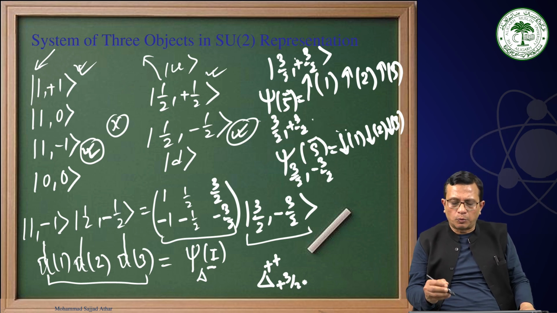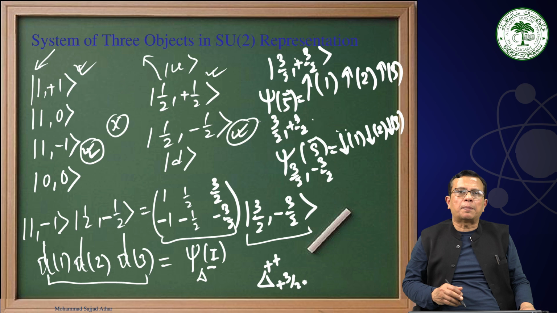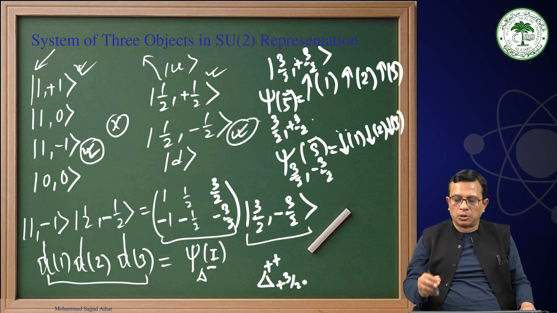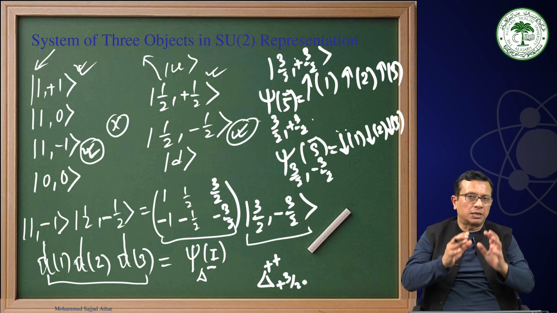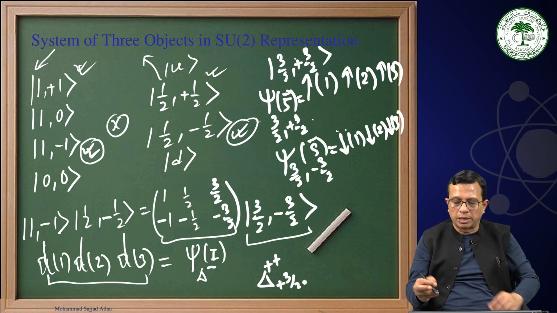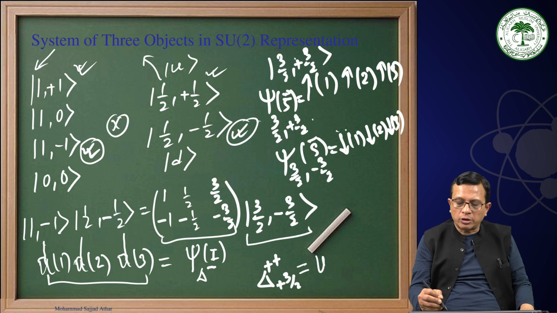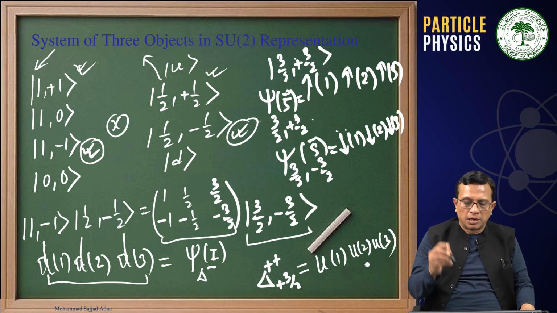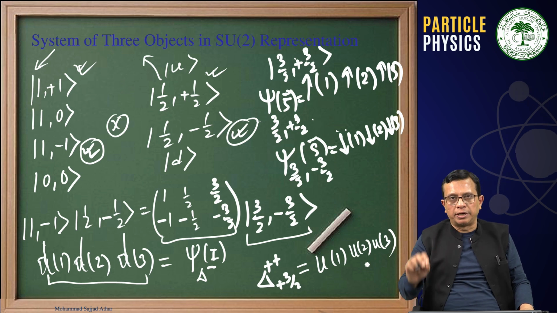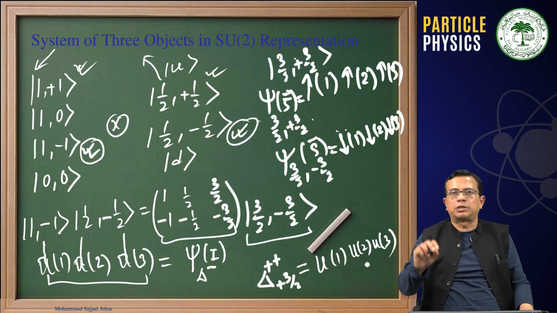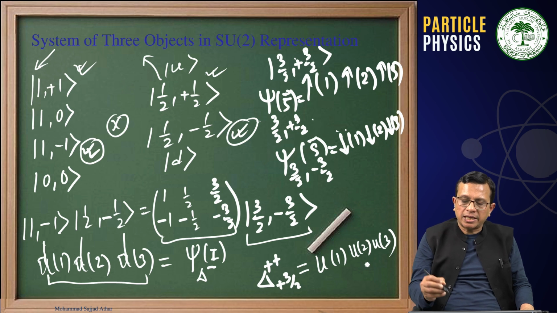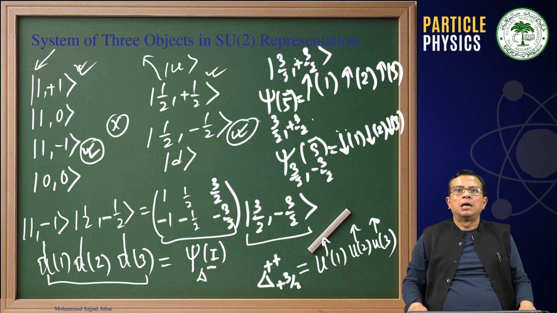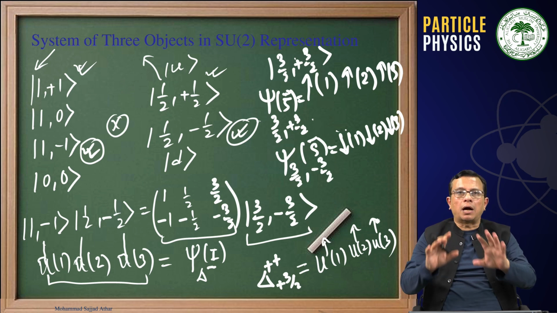But to make life simple, I am giving you a delta plus plus whose projection is plus 3 by 2. What will be its wave function when you consider spin and isospin together? Then I am talking about all 3 objects as U: U in state 1, U in state 2 and U in state 3, and plus 3 by 2 means all 3 of them are in a spin up state.